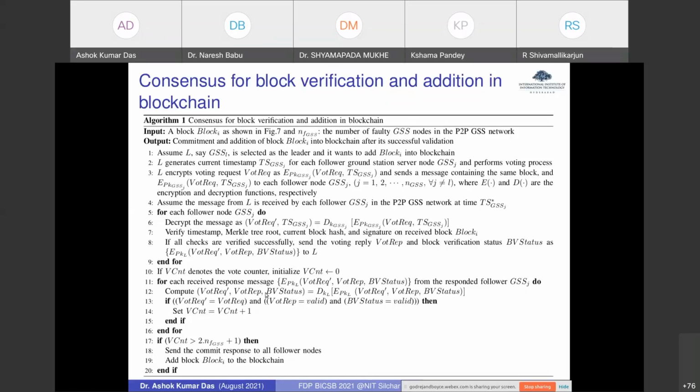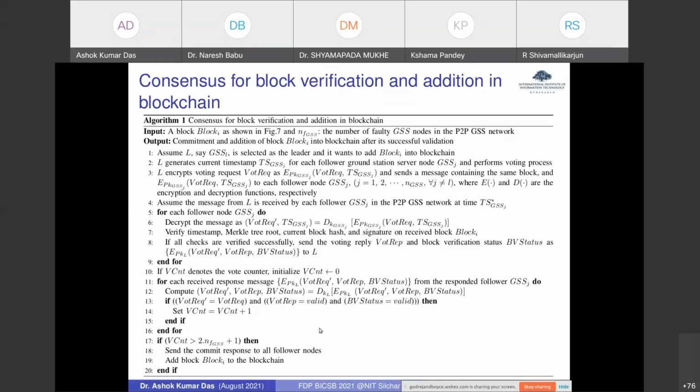Then it will check whether the voting request matches the same voting request that was sent earlier, and whether the voting reply and the voting verification status are valid or not. If so, then it will increment the counter.